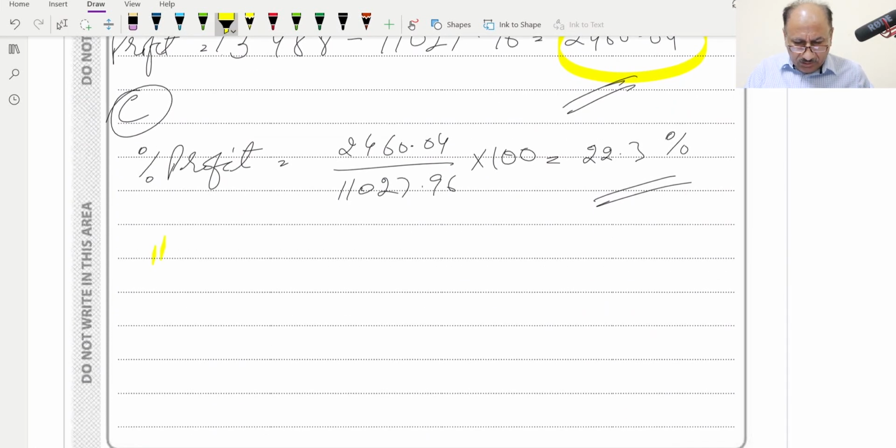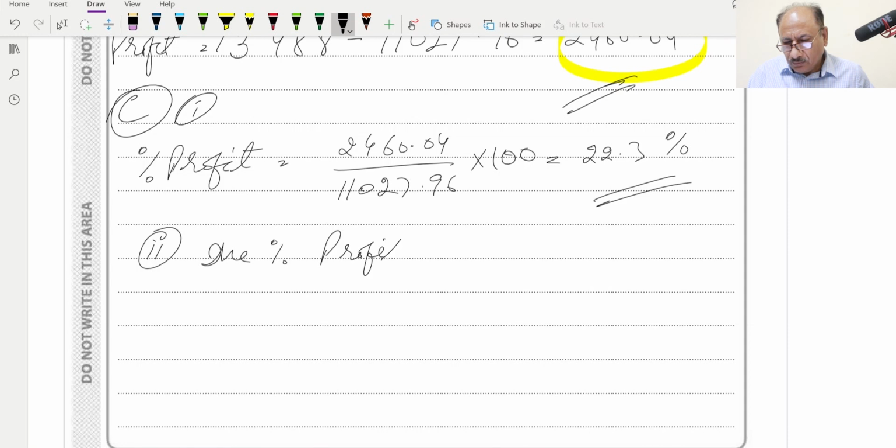So for the second part of C, the percentage profit would have been the same.